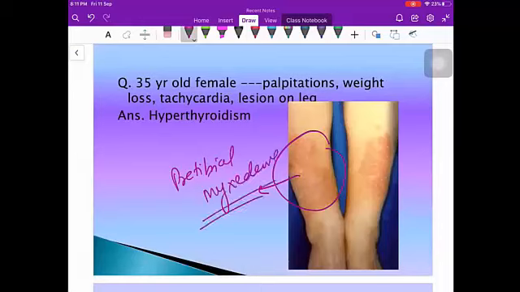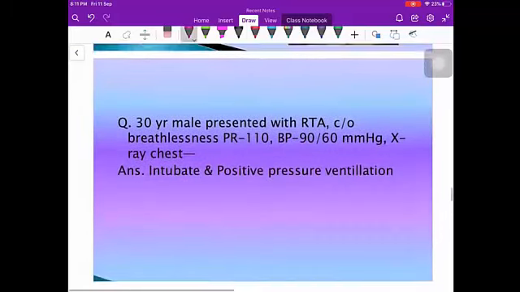The options: you have to select between hyperthyroidism or hypothyroidism. So this is hyperthyroidism. Moreover, the history is palpitation, tachycardia, weight loss. Okay, so it correlates with pretibial myxedema, that is hyperthyroidism.